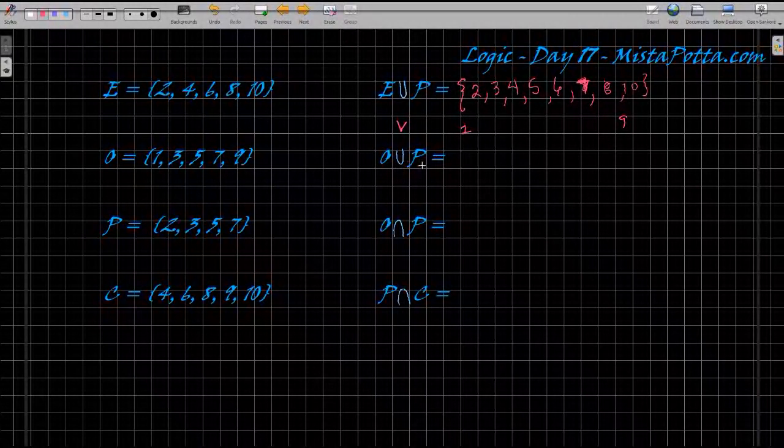If I look at O union P, I'm looking for the elements that are in one or the other or both, and that's going to give me 1, 2, which I get from P. 3 is in both, 5 is in both, 7 is in both, and 9 is only in odds.